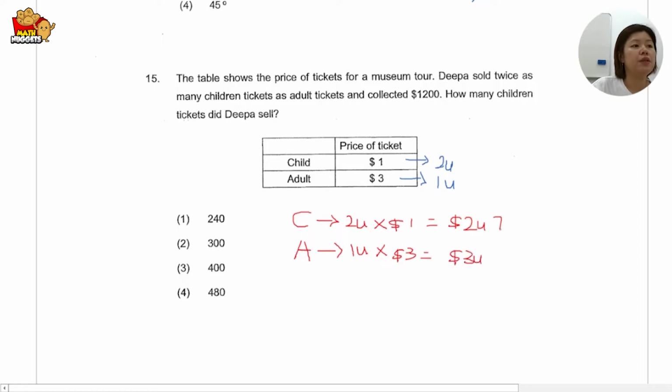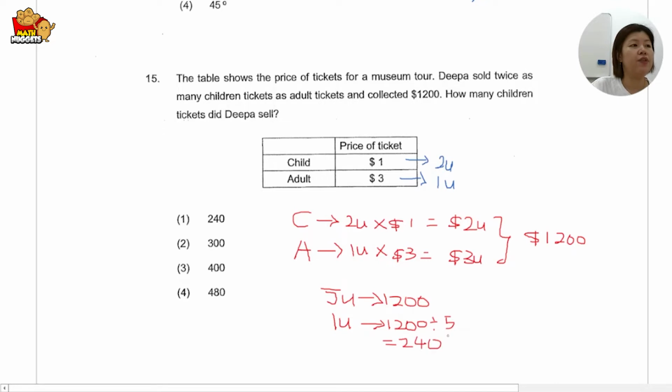And this total money is actually 1,200. So 5 units is actually 1,200. 1 unit is 1,200 divided by 5, which will give you 240.